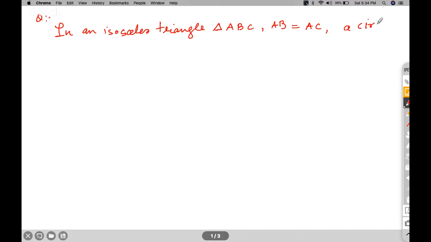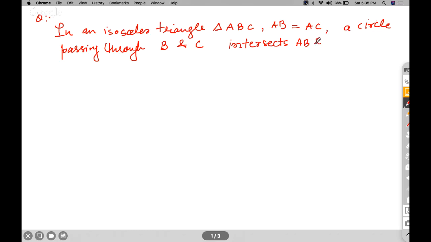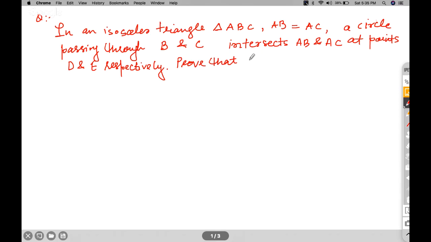A circle passing through points B and C intersects AB and AC at points D and E. Prove that DE is parallel to BC.